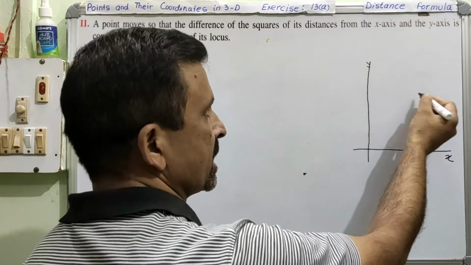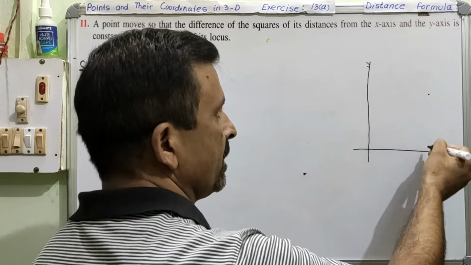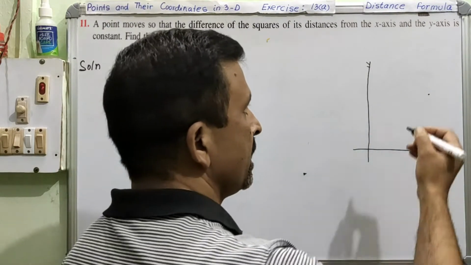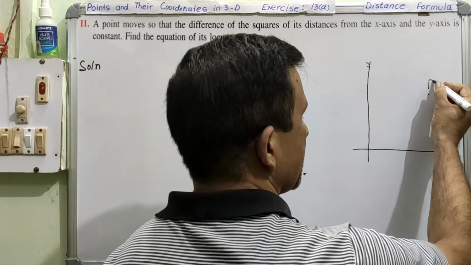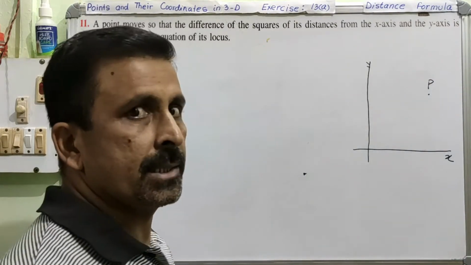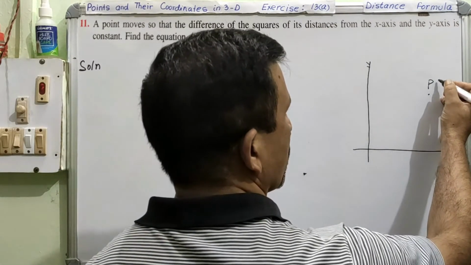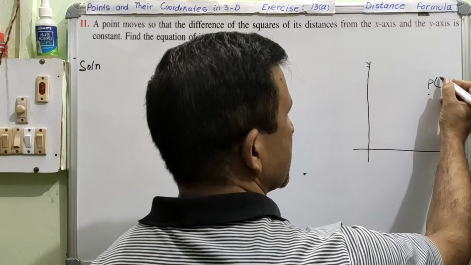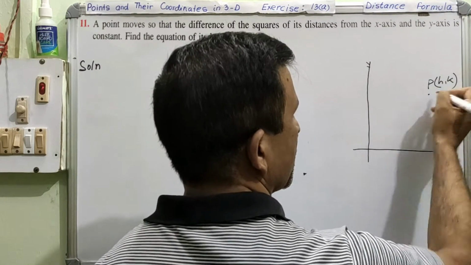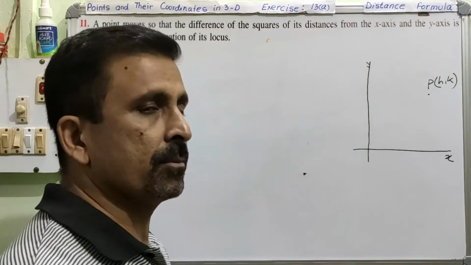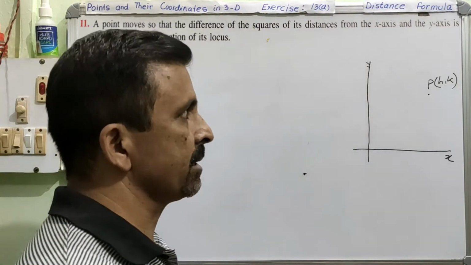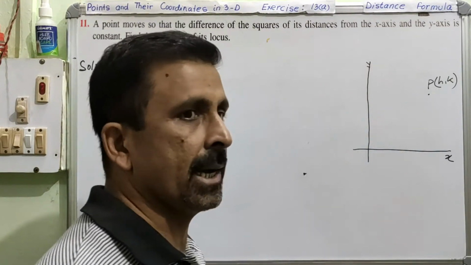Let us name this point as P. Now the coordinate of this I will mark as (h, k). We can assume the coordinate of P as anything. I have assumed the coordinate of P as (h, k).